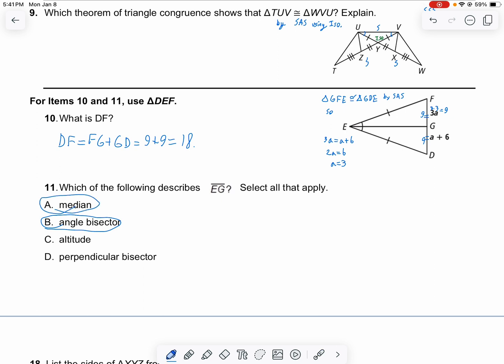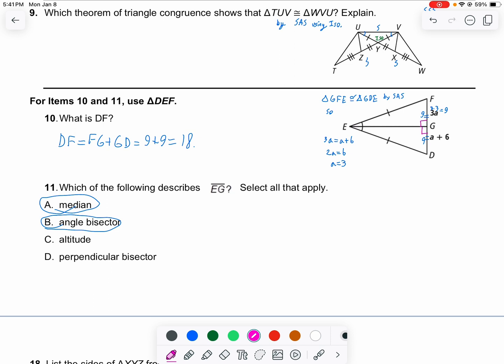Is it a perpendicular bisector? Well, we know that it's bisecting because those are cut in half, but we don't know if it's perpendicular. So let's just double check and see. Looking at this angle, that's a straight angle, and these two need to be congruent. So that tells us that we have two right angles here because they need to be congruent.